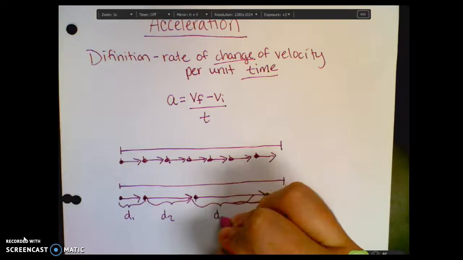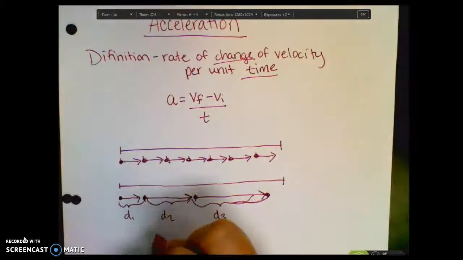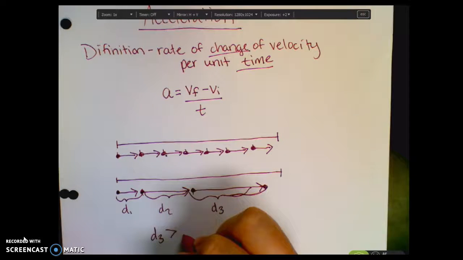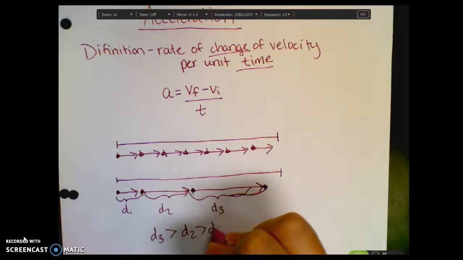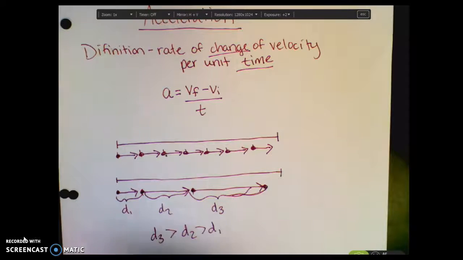D3 is greater than D2, which is also greater than D1. So the distance that I cover per unit of time keeps increasing. If it keeps changing like that, whether it's increasing or decreasing, if your velocity keeps changing per unit of time, that means you are accelerating.